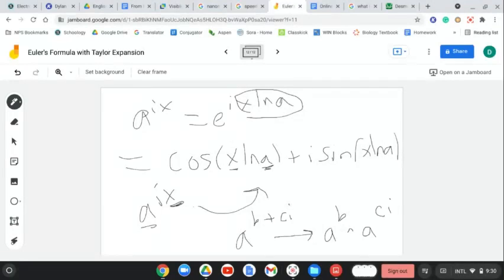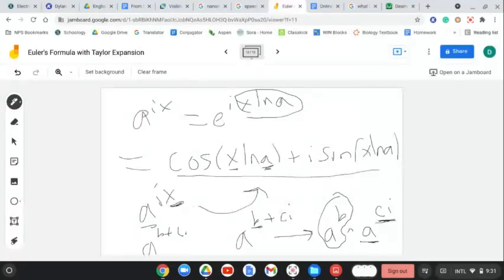And using the definition of exponentiation that's already familiar to us, we know how to evaluate a to the b because b is a real number. And using this, which we just proved, we know how to evaluate a to a purely imaginary number. All right, so we take the product of these two numbers and we get our answer for what a to the b plus ci is.